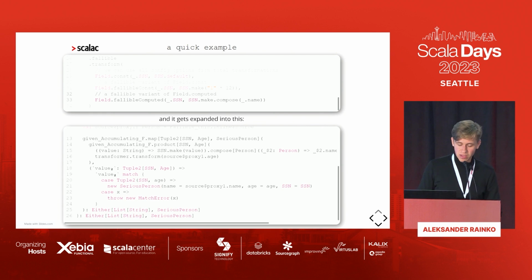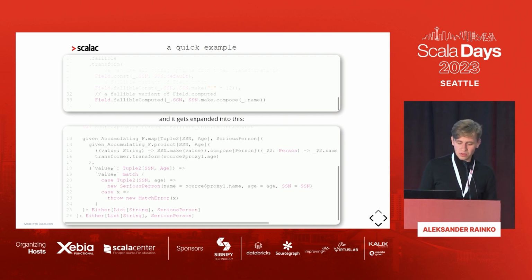So the automatically derived fallible transformer for accumulating transformations is just a chain of product calls between all of the transformations that we defined. As you can see here, we have a call to the SSN.make thingy from here, which is the first argument of the product method. And then we have a call to the fallible transformer from here, which was resolved for us automatically. All of that gets then followed by a map call to transform the things inside, because as you remember, the product method returns a tuple, which for multiple fields would mean we have a left-associated tuple, I believe.